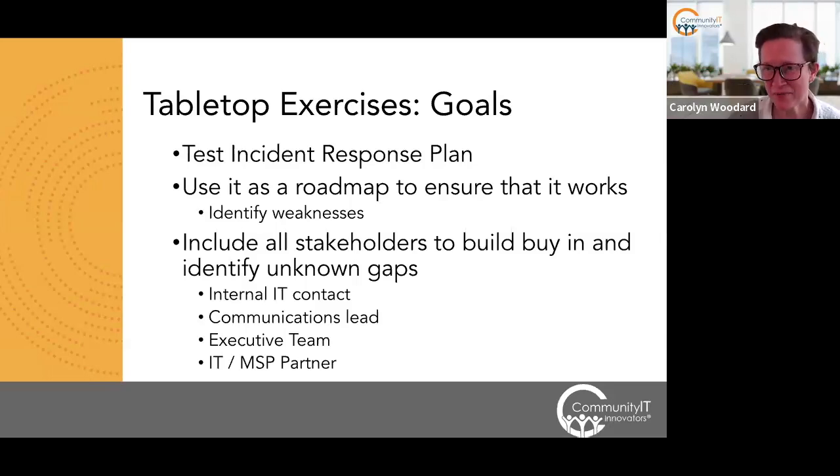There's always going to be something in a response that's not going to go right. There are so many things moving, and it's different from anything you've had to respond to before each time. So it's hard to find out in that moment, like, oh, this isn't the right contact person for that organization.